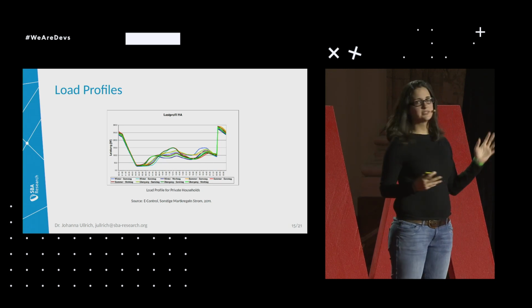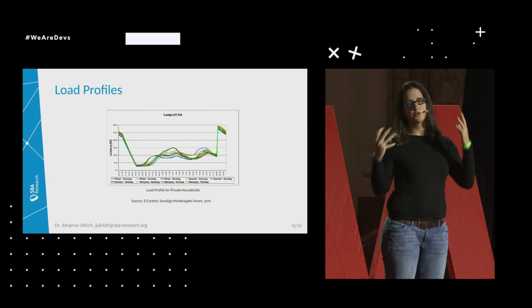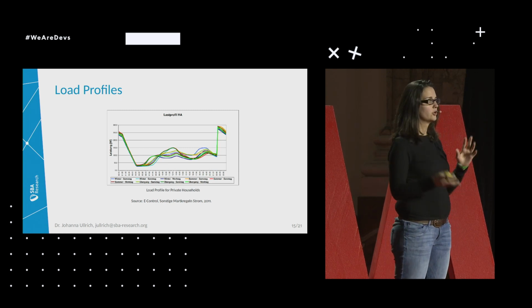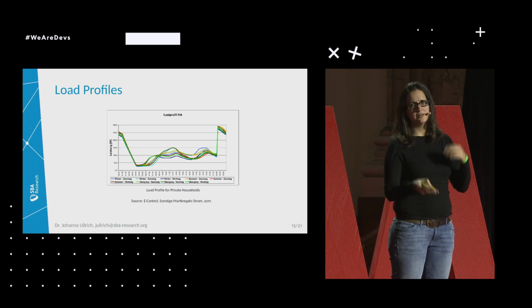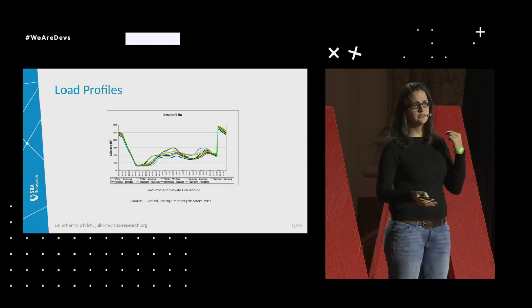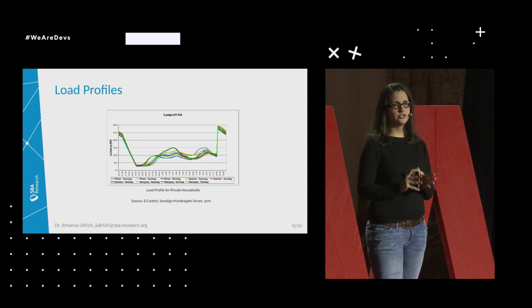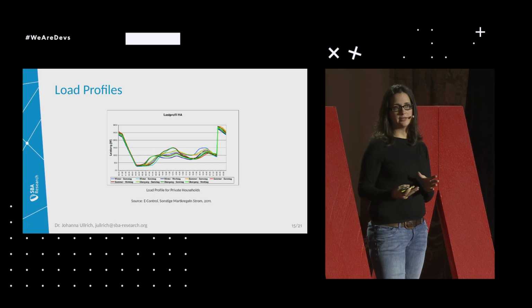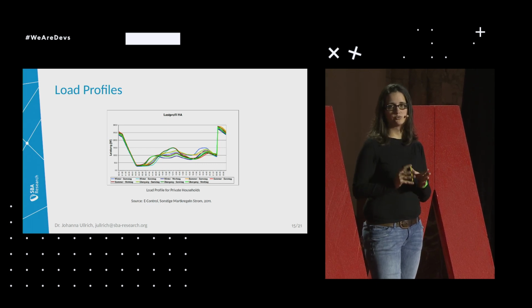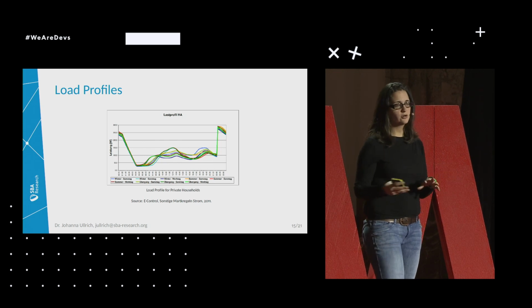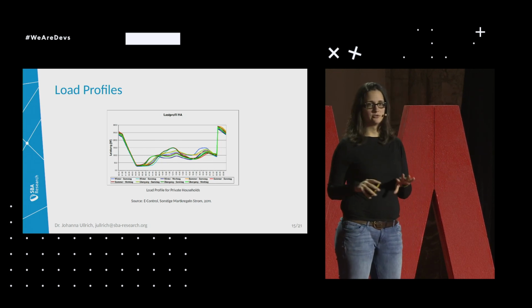This, for example, is the model of a typical Austrian household spending energy, and it's dependent on the time of the day, the week, the season, and so on. And they are used for forecasting electrical energy, so that the power provider can sell and buy the right amount of power.